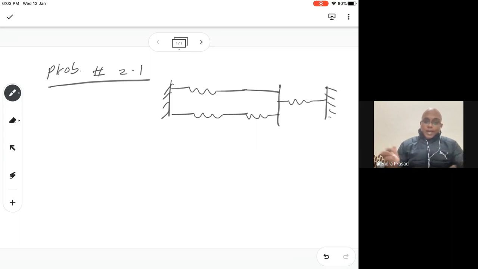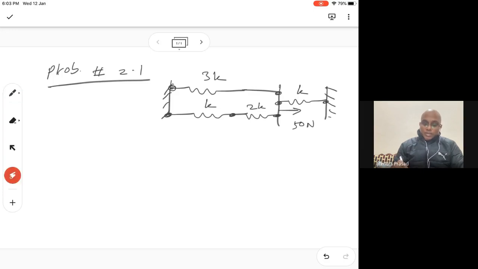The springs are 3k, k, 2k, and k. The nodes and connections are shown, and you have a force given here, equal to 50 Newton.